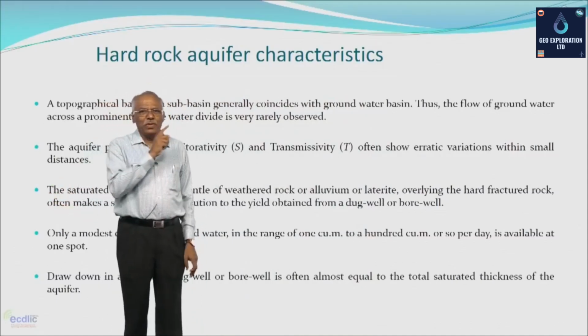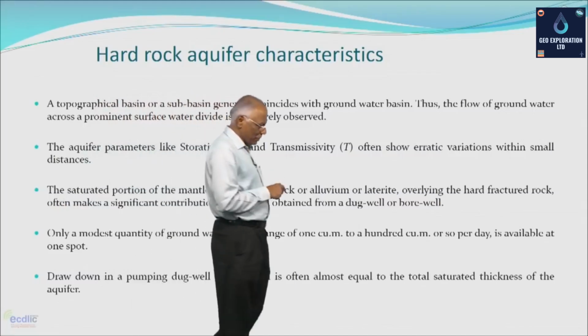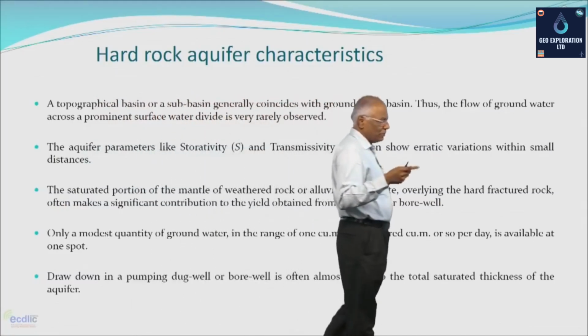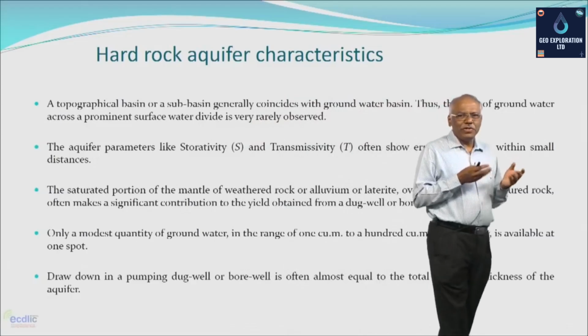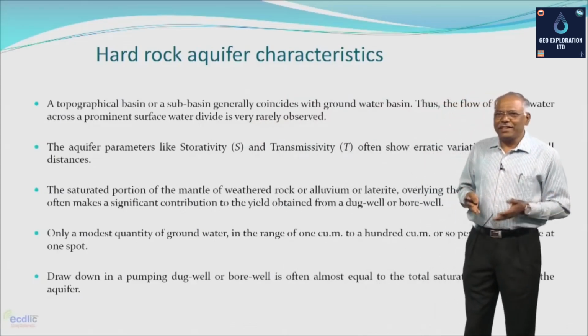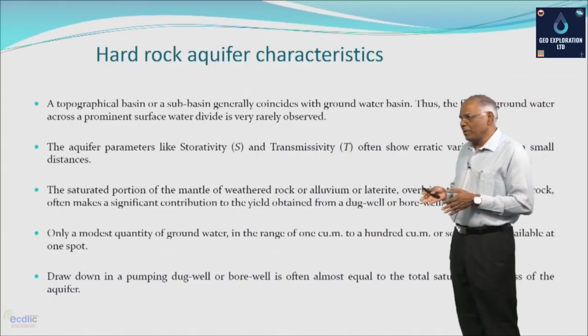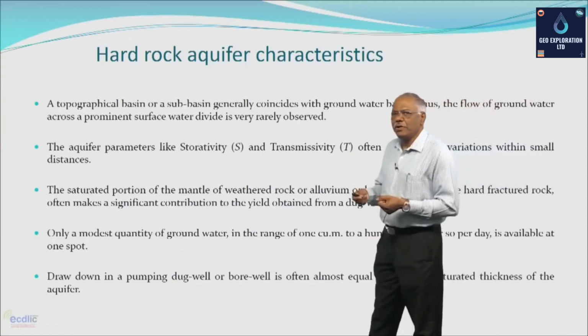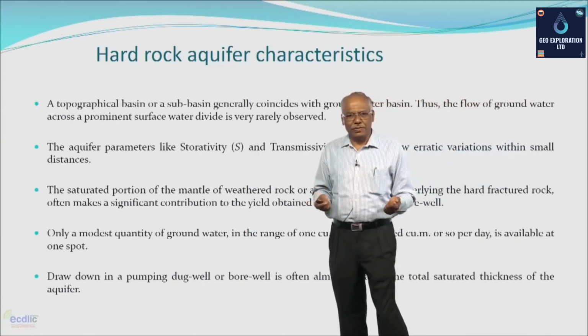This needs to be understood from the point of view of occurrence, because without sufficient storage and transmission property of the aquifer, we cannot have exploitation of groundwater in economical quantities.